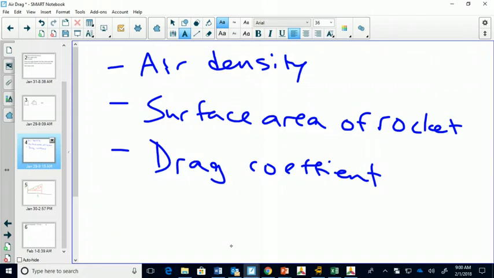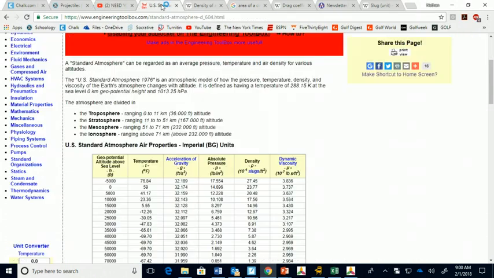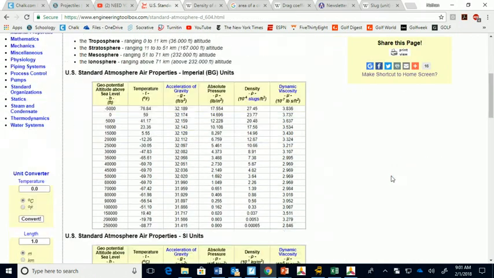Now, what's interesting was in my research, I didn't find a lot that you would easily calculate the humidity piece. Temperature and altitude was an easy one to find. If you were to do some searching, you can easily get charts like this that are looking at certain altitudes, right?